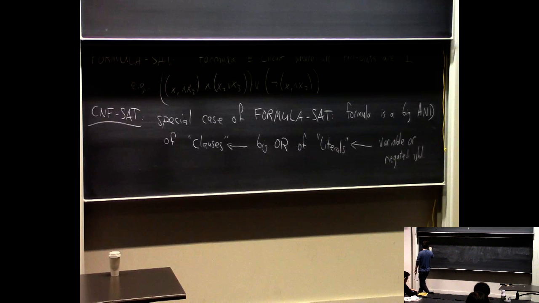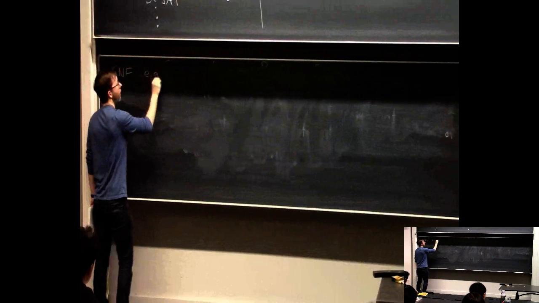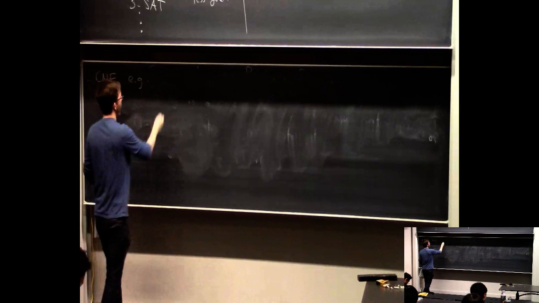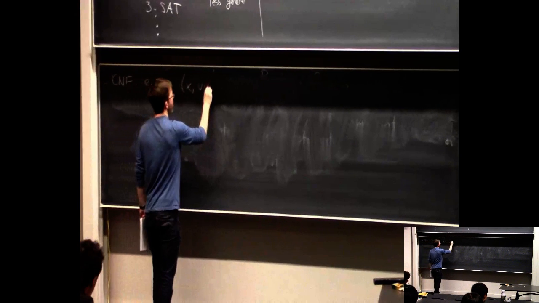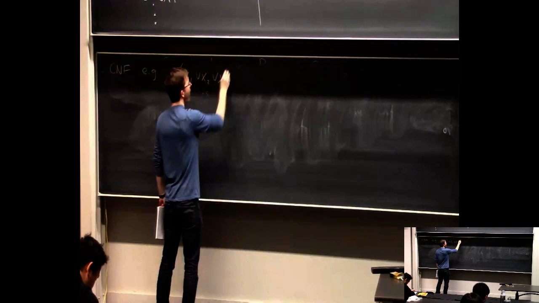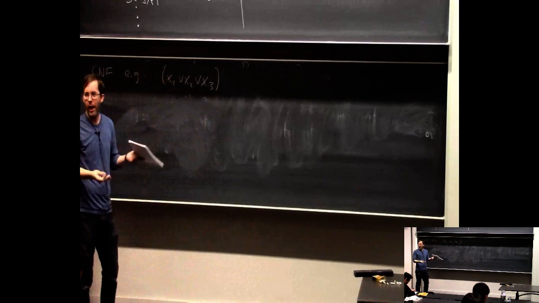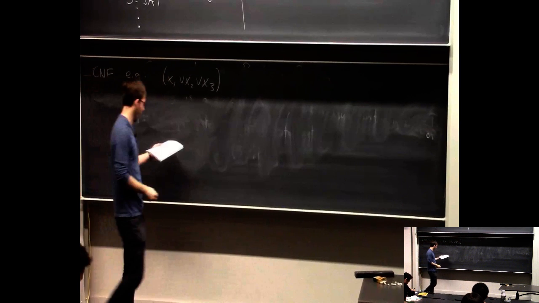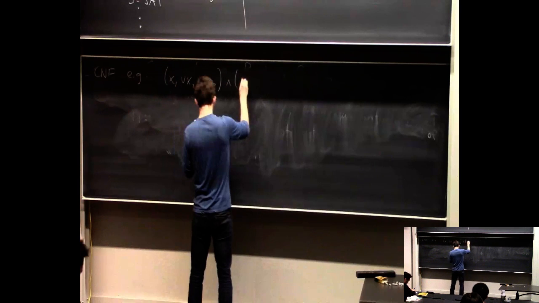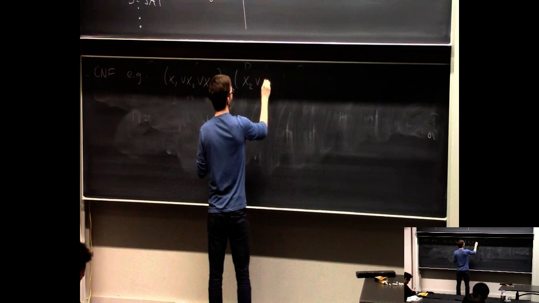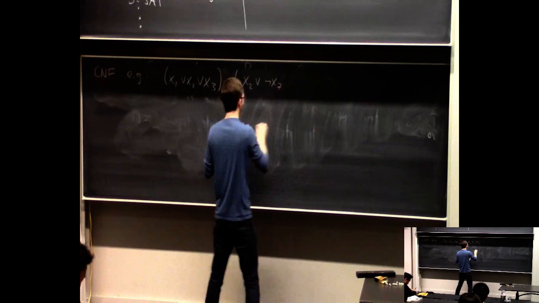OK, so an example CNF, which stands for conjunctive normal form, might look like this: x1 or x2 or x3. Here I'm going to allow myself to write ANDs and ORs of more than two things. And x2 or not x7 or x10.